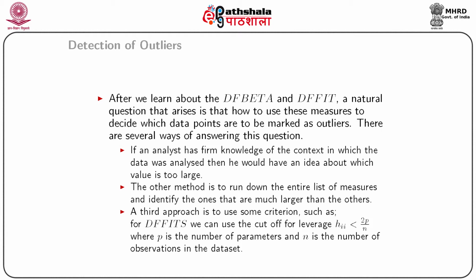The other method is to run down the entire list of measures and identify the ones that are much larger than the other values. A third approach is to use some criteria, such as for DFFITS, we can use the cutoff of leverage hii less than 2p divided by n, where p is the number of parameters and n is the number of observations in the dataset.